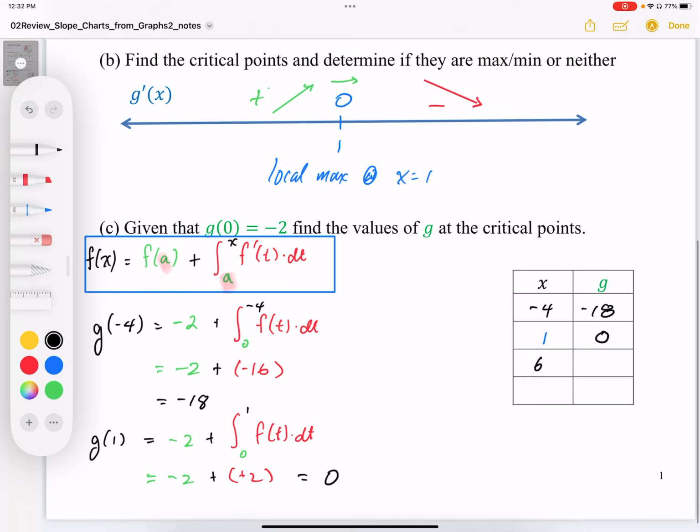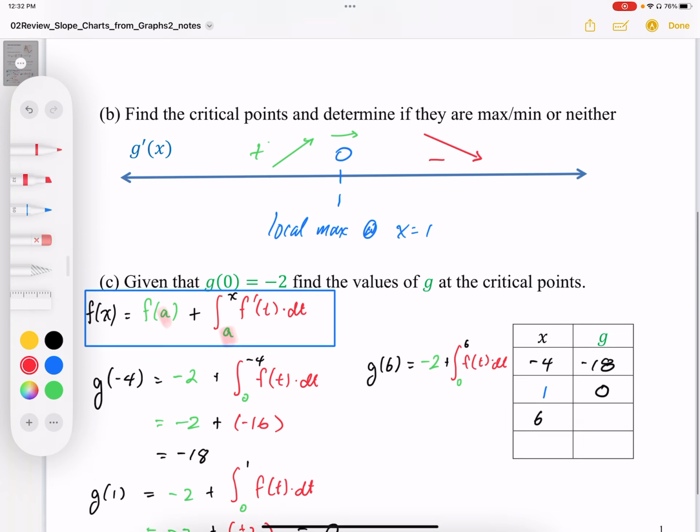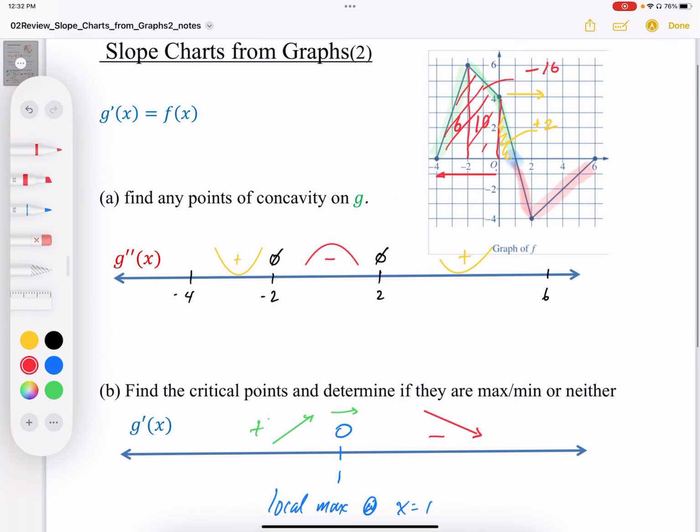And then lastly, we want to calculate the g coordinate when x is 6. Again, we're going to start at -2. We're going to add the area underneath that graph from 0 all the way to 6 under the derivative function, in this case f of t dt. The area from 0 to 6, well, that's +2.